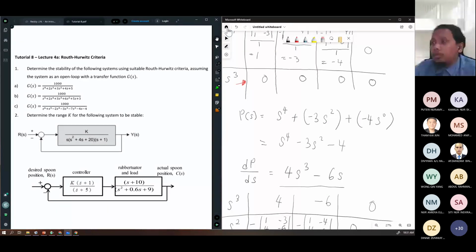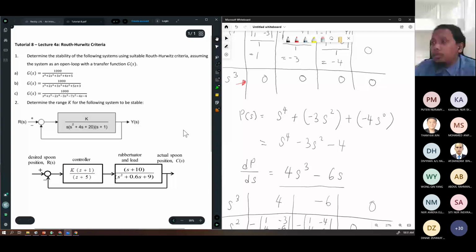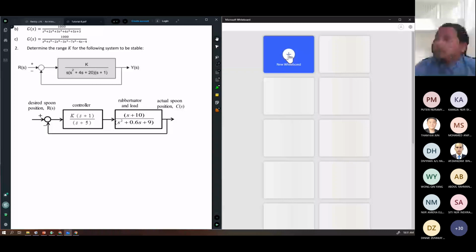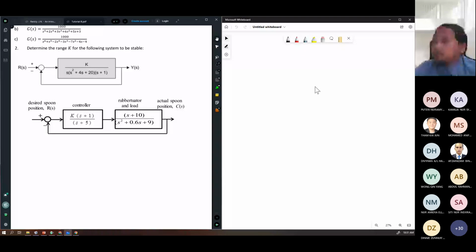So now let's look at tutorial question number 2. Determine the range K for the following system to be stable. There are two systems here. Let's look at system number 1.